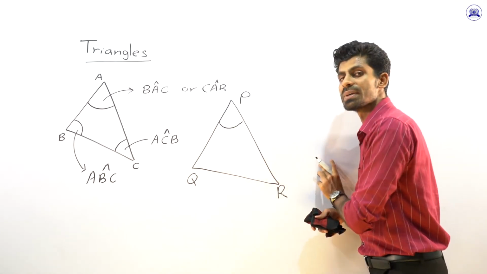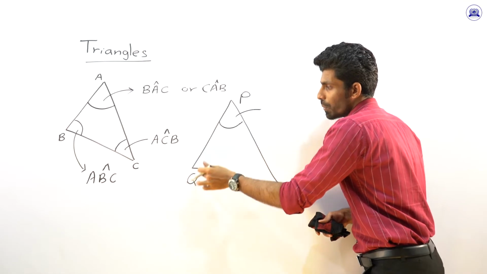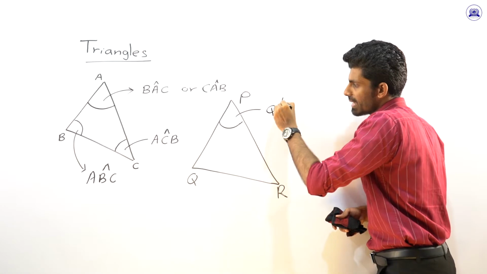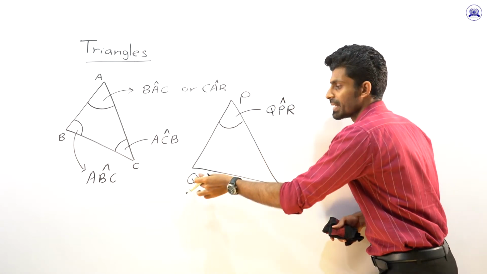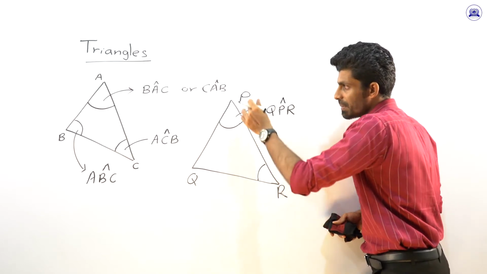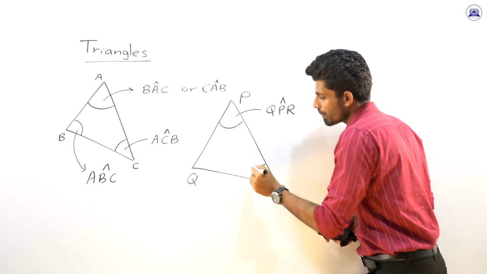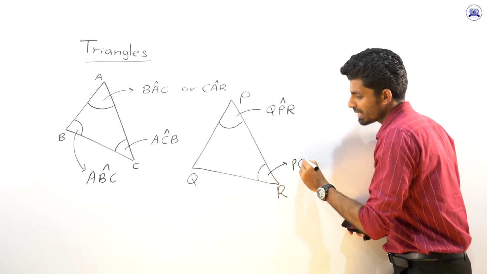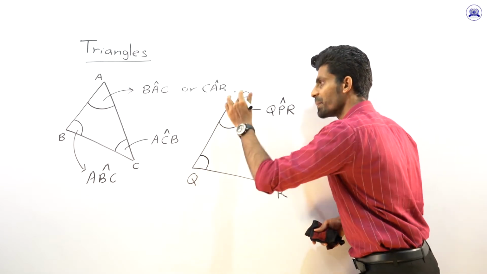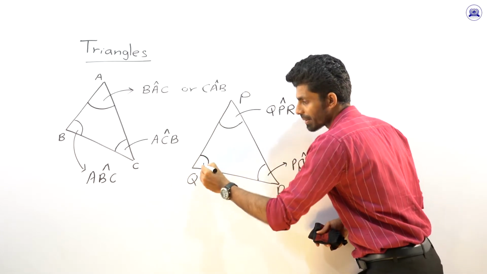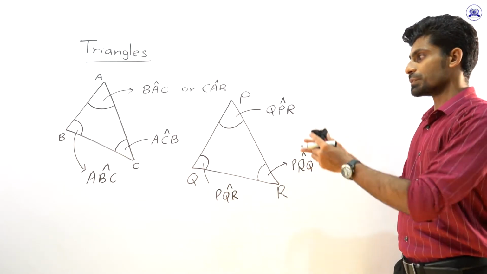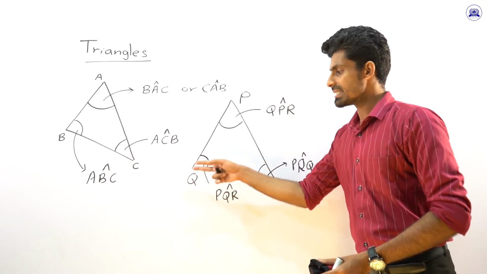This angle is QPR. This one is PRQ. And this one is PQR. Those are the angles and sides: PQ, QR, RP.